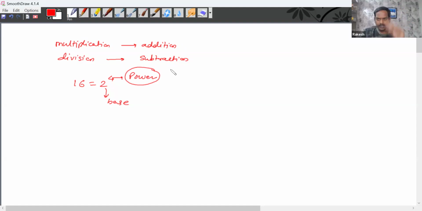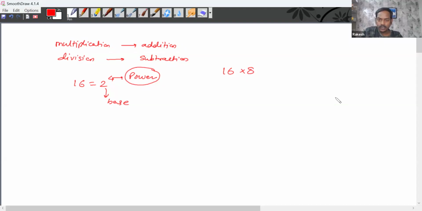So let's take an example of how multiplication is turned to addition and how the logarithm is used. Say I have two numbers, 16 and 8, and I want to multiply. For the time being, let us assume that these are two very big numbers and the process of multiplication is very hard and difficult.